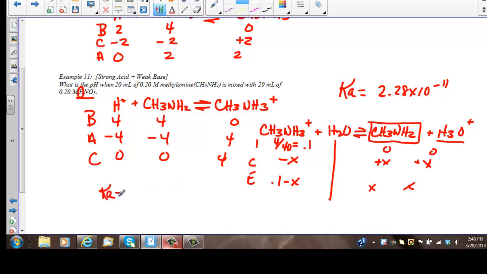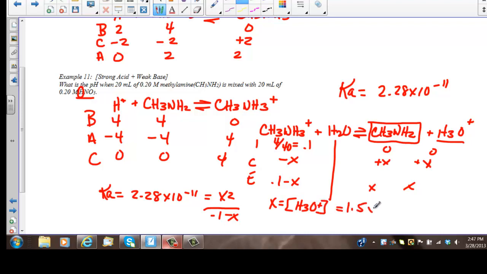So Ka equals 2.28 times 10 to the minus 11 equal to x squared over 0.1 minus x. Using our solver, we solve for x, which is equal to H3O+, equal to 1.5 times 10 to the minus 6.